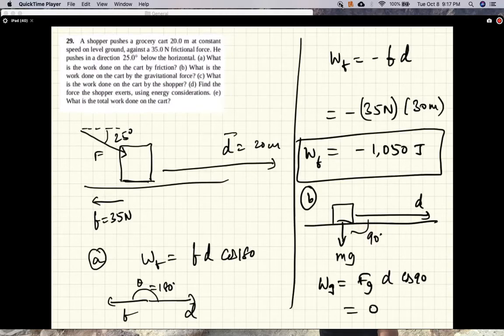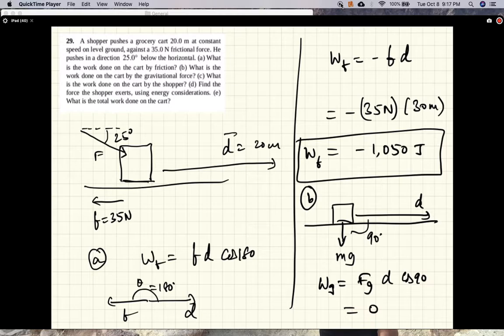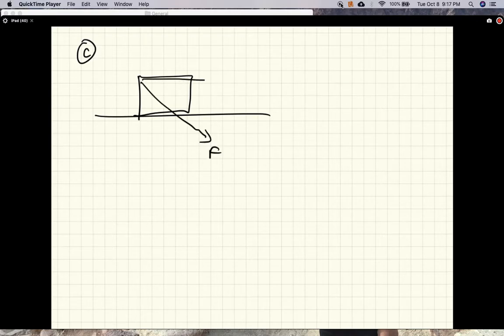Let's add a page. Part C says, what is the work done on the cart by the shopper? So here's the shopping cart, and here's the force that the shopper applies. There's the displacement of the cart.